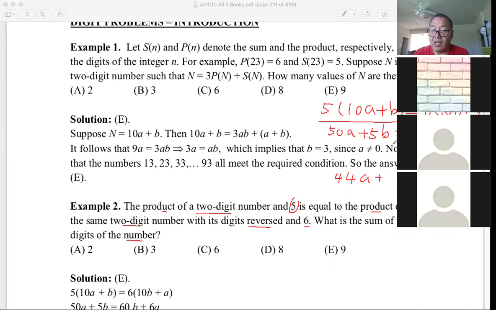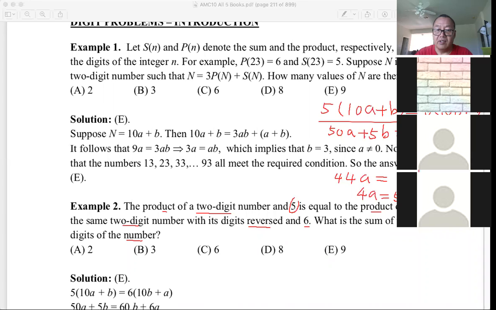Then both sides minus 5B, we get 55B. Then we cancel out the common factor 11, and we get 4A equals 5B.